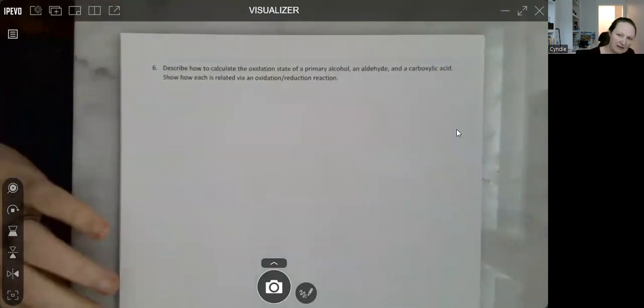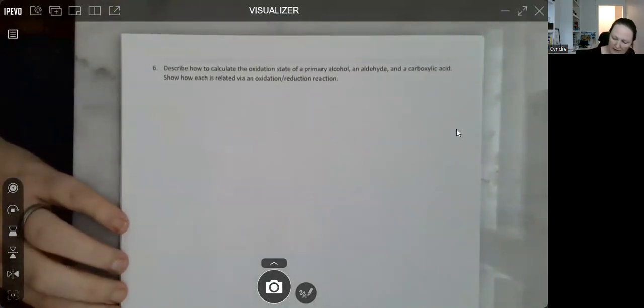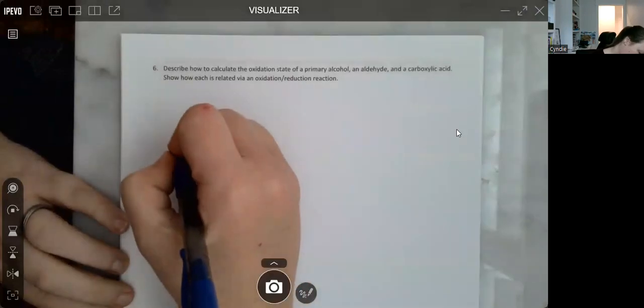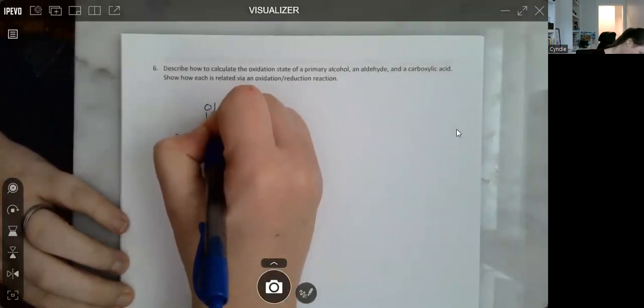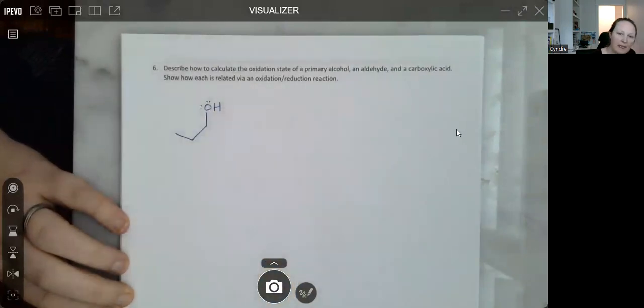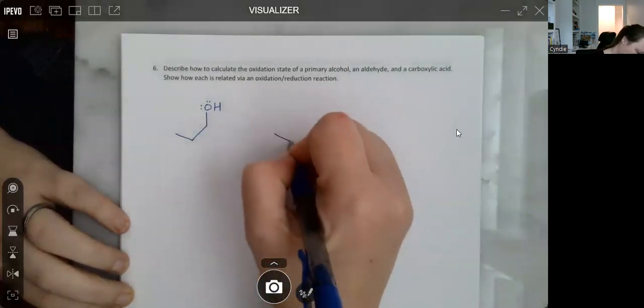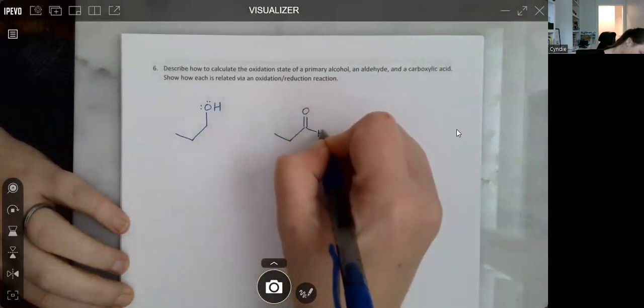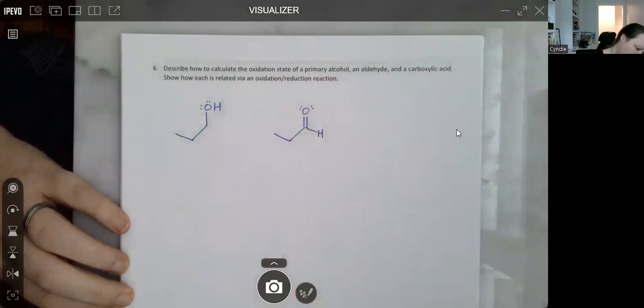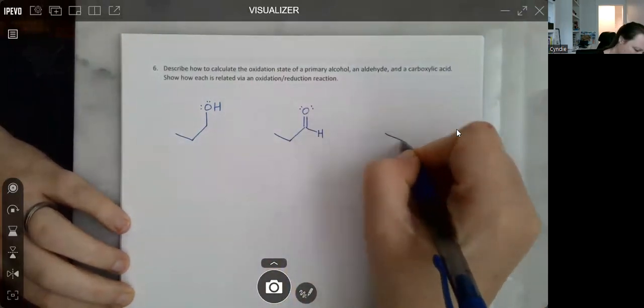Okay, so let's just give an example then of again, a primary alcohol. And then draw an aldehyde. And we'll draw a carboxylic acid.